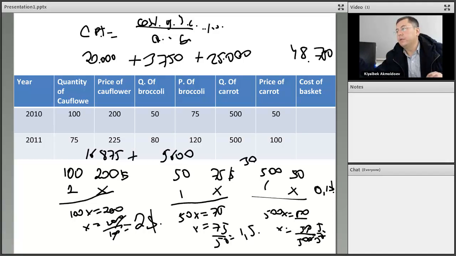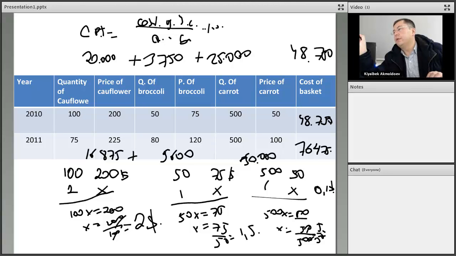So 50,000 plus 9,600 plus 16,875 equals 76,475. The cost of the second year basket is 76,475.